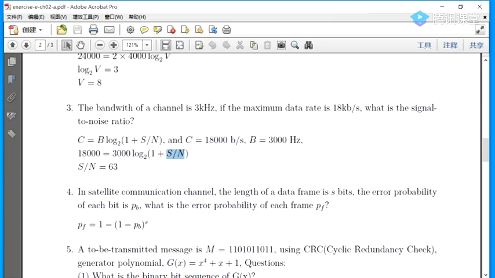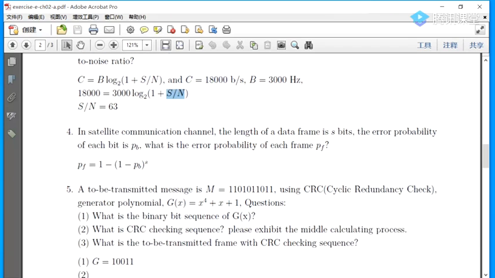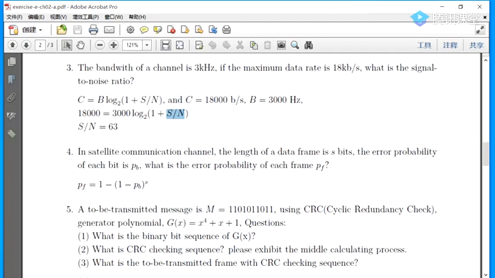So the signal to noise ratio should be 63. For the noisy channel we depend on Shannon's theorem.